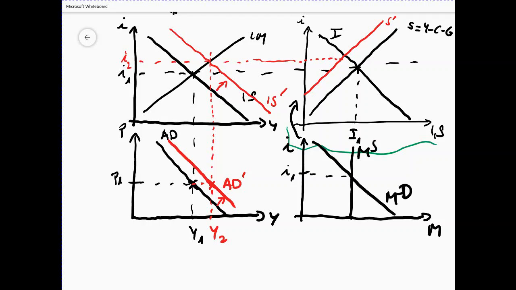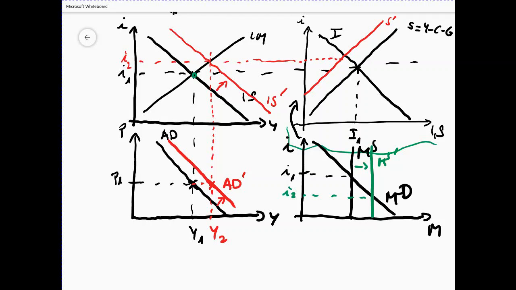Let's assume, and I'm going to use here the green color, what happens if we again start from this point here. Okay, so forget about the red lines and red characters here. Now we are going to assume that there was an increase in monetary base. Now we know already it means that there is a rightward shift of the money supply. So that means that there should be a lower interest rate in the economy.